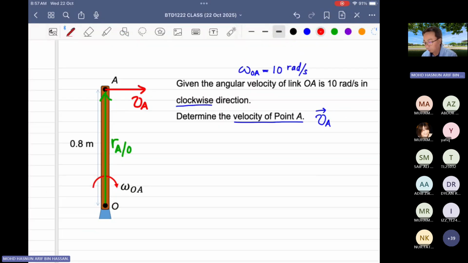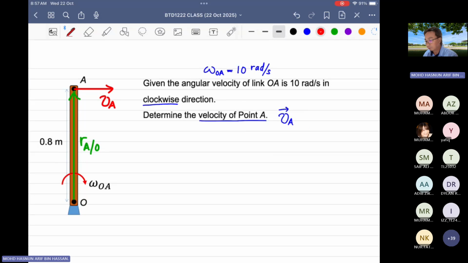Now we have the direction of VA and our position vector RA/O. Now we can write down the equation. Our equation is VA vector is equal to omega OA vector cross product RA/O, also a vector.